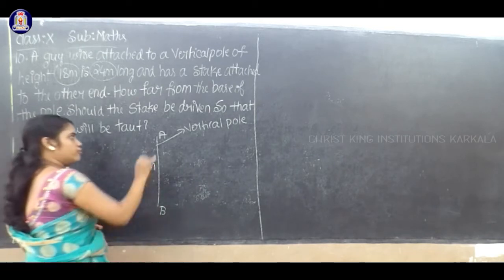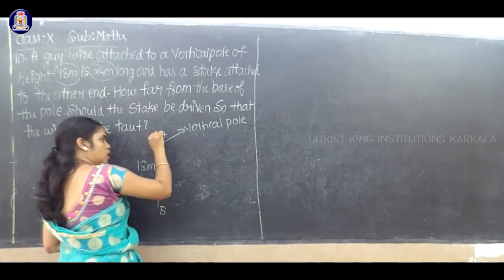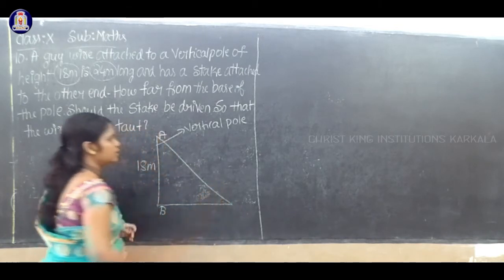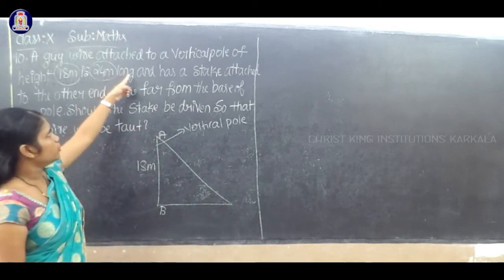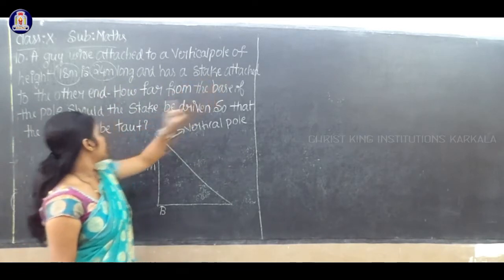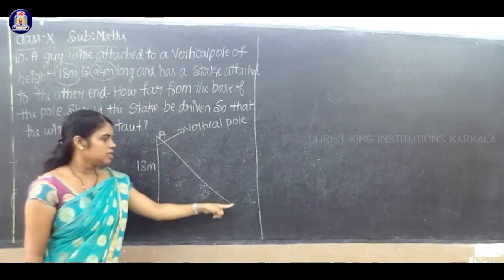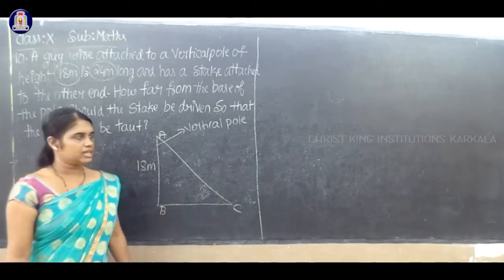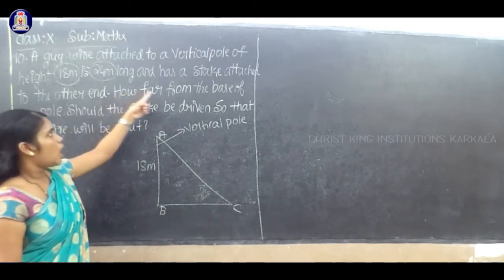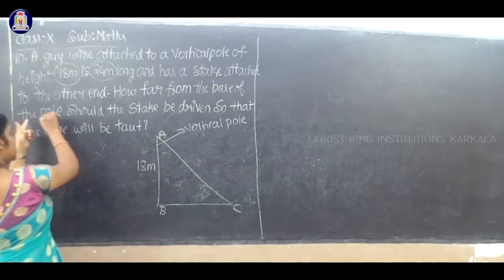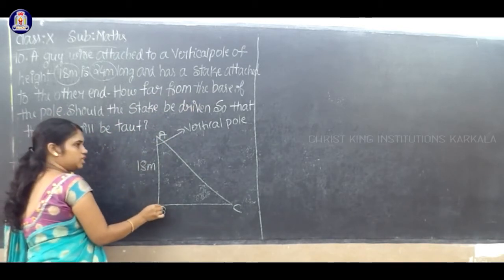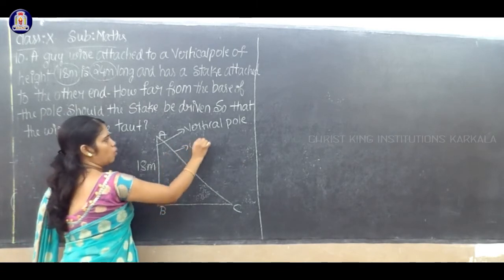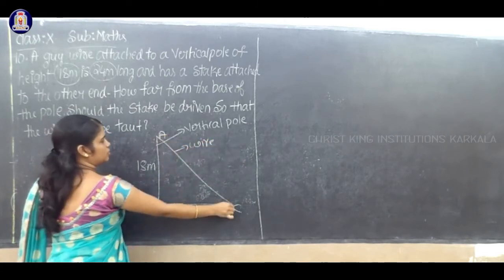Okay. So from this end, a wire, 24 meter long, has a stick attached to the other end. So at this end, suppose this is your point C. How far from the base of the pole? This is the base of the pole and this is your wire. What is the length of the wire?